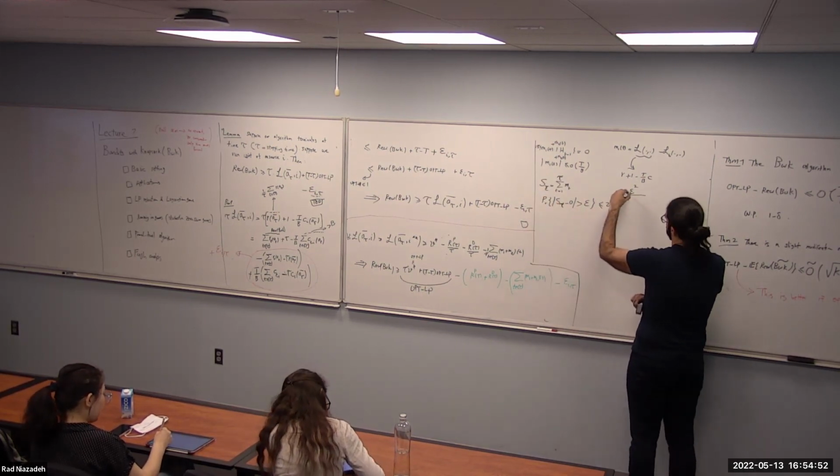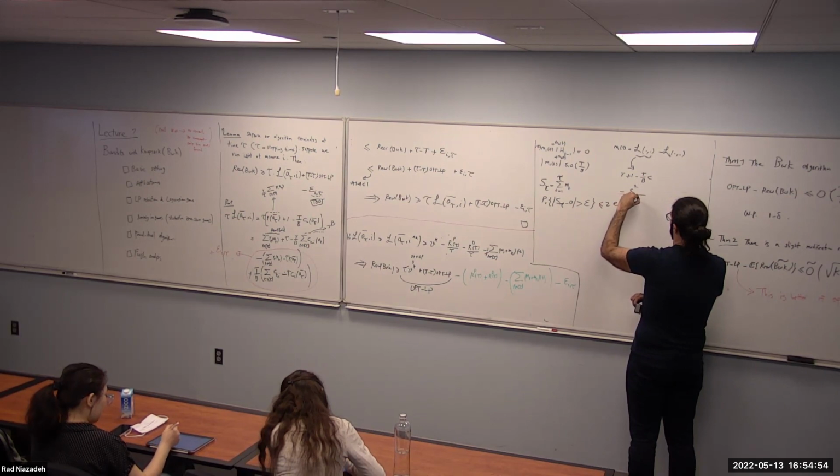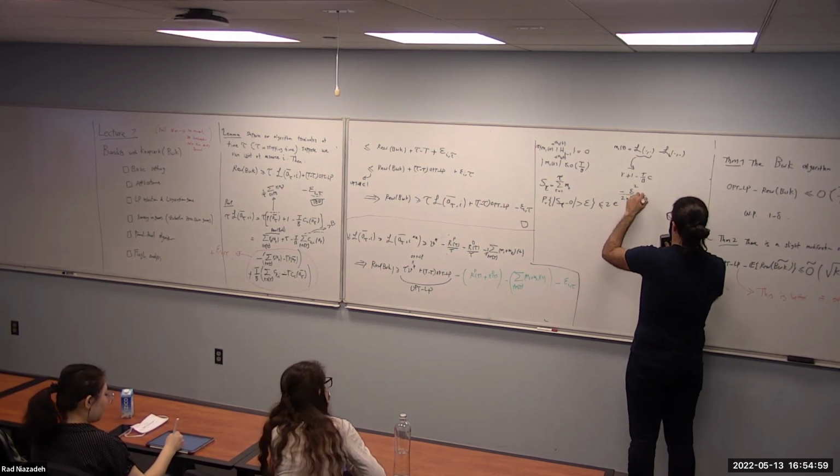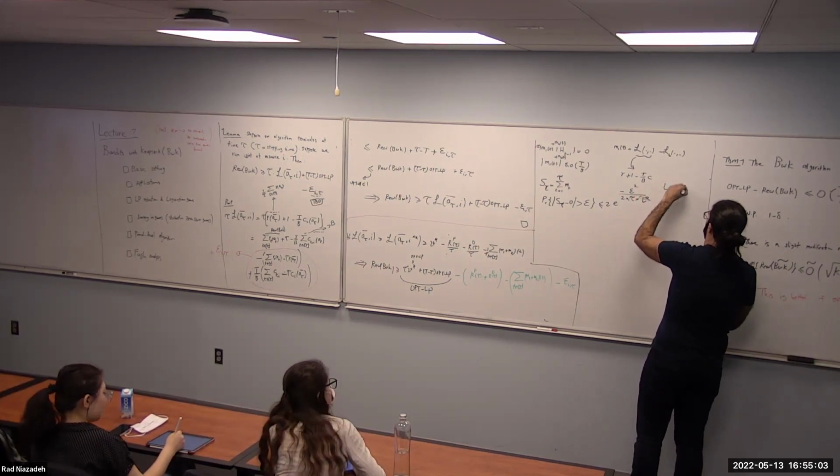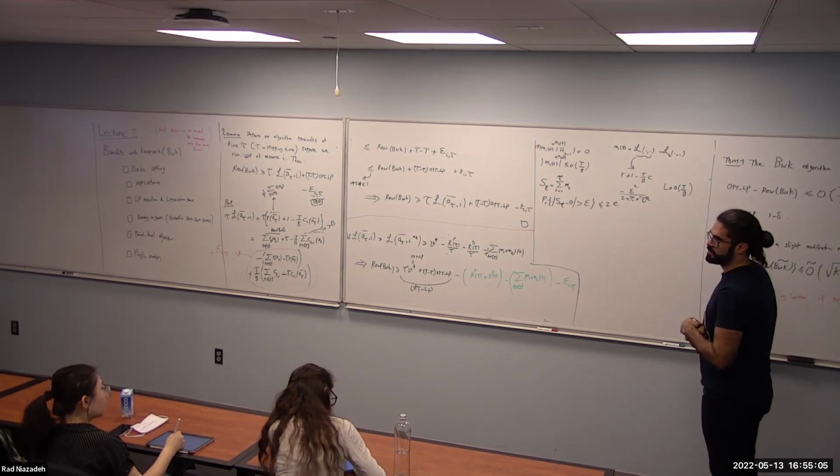That would be 2 times tau times order L squared, where L is equal to order t over b.